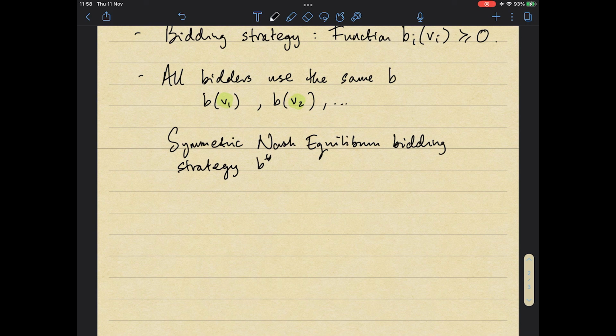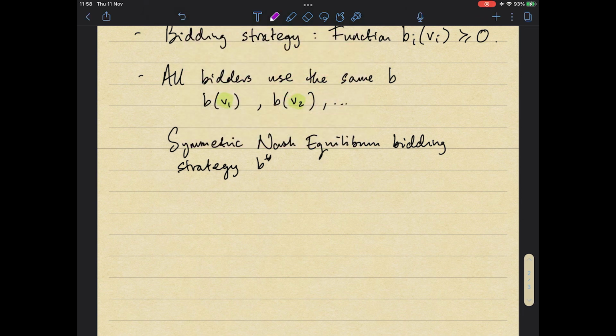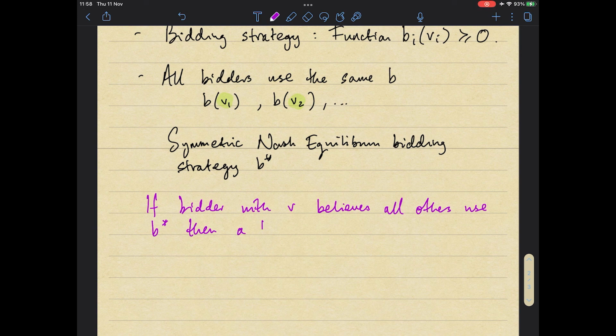Now, when I say a Nash equilibrium, we should remember that that has a very important property, which essentially means if a bidder with value V believes all others use B star, okay, so if this bidder has a value V and believes that all other bidders are using the same B star function, and it's a symmetric Nash equilibrium bidding strategy, well then submitting a bid B star of V is precisely what this bidder should do.